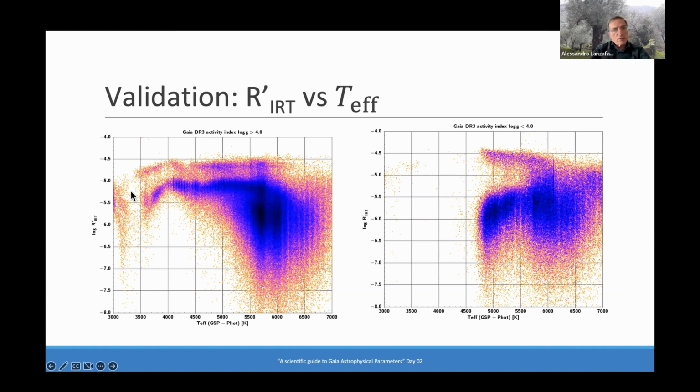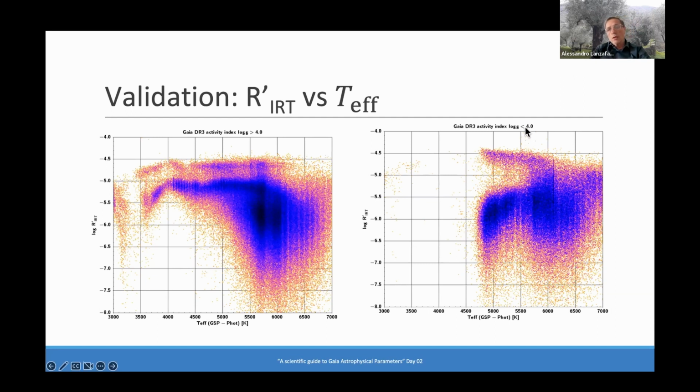It is very interesting what happens here at the boundary of the fully convective regime, where we have few stars, and essentially a quite different distribution in the level of activity when the star is fully convective.